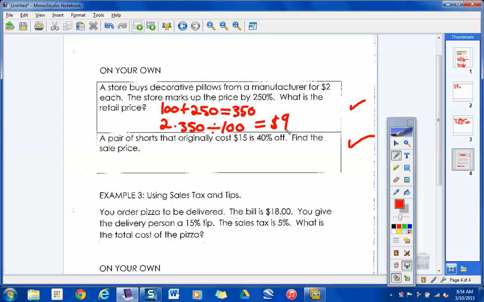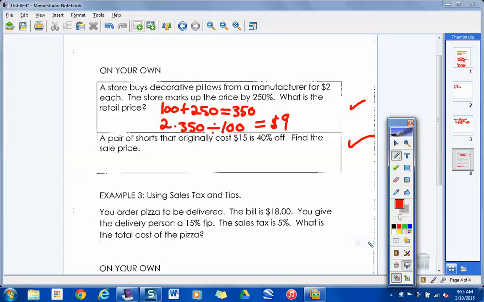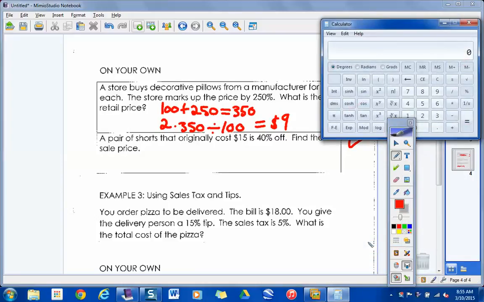Taryn, you see the pen and the pencil that's crisscrossed over there on the toolbars? Hit that. And then see where it says more tools? Click that, go to calculator. Type in 2 times 350. Times is right to the right of the 6. Now divided by, right by the 9.